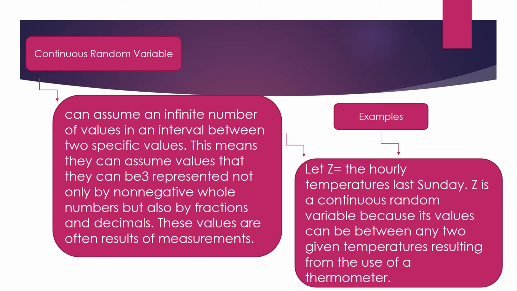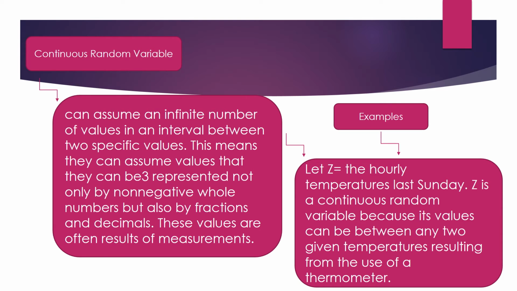The weight of a student, for example, can be 150.5 pounds, but due to the limits of its measuring device, the measurement is always an approximation. So the weights of the students can range from 100 to 180 pounds, including the decimal places that come between these two values.